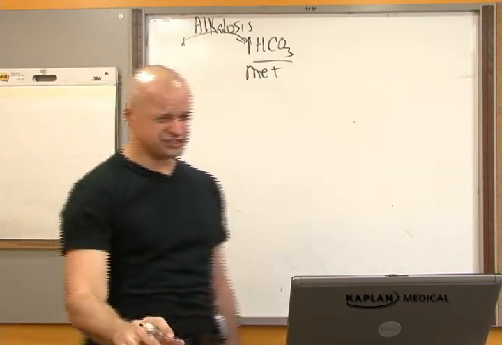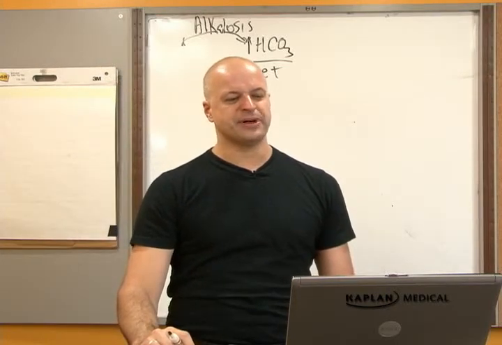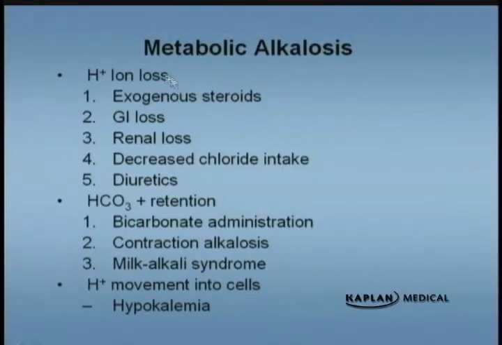Now what we know is, you see this? All the things that are going to cause you to have a metabolic alkalosis, the same way, if you give bicarbonate, you could drive potassium into cells, and alkalosis causes hypokalemia. On the other hand, hypokalemia can cause an alkalosis. Why?